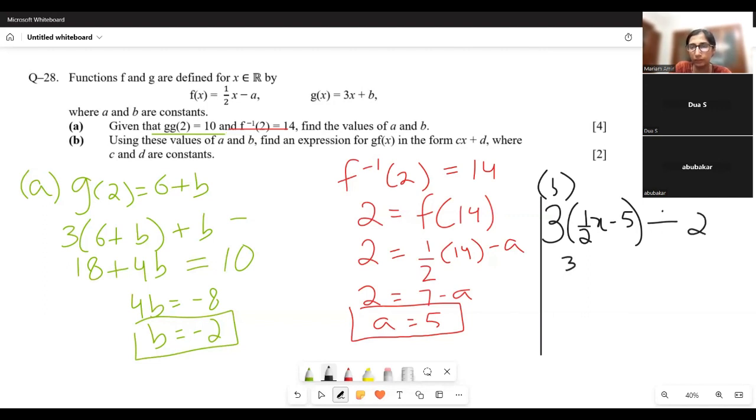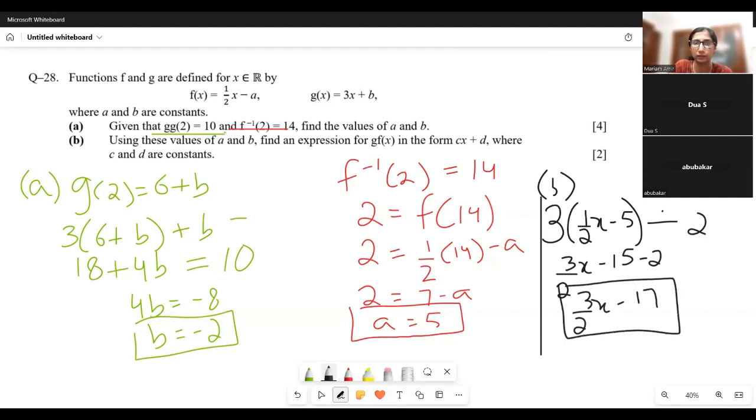So that would be 3 by 2 x minus 15 minus 2. So 3 by 2 x minus 17. Yes, that is correct. That is GF.